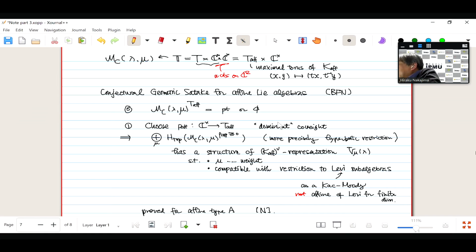And that relation among hyperbolic restrictions corresponds to the restriction of this representation of the affine algebra to the Levi subalgebra. Yeah, this Levi subalgebra is a Levi subalgebra as a Kac-Moody algebra. It's not the affine Kac-Moody algebra of a Levi subalgebra of finite dimension.